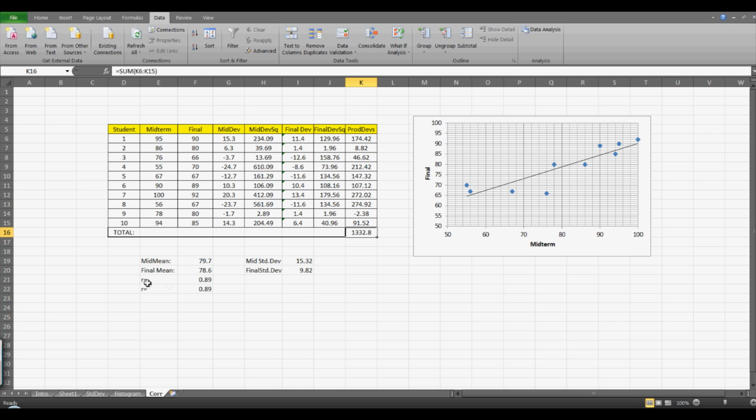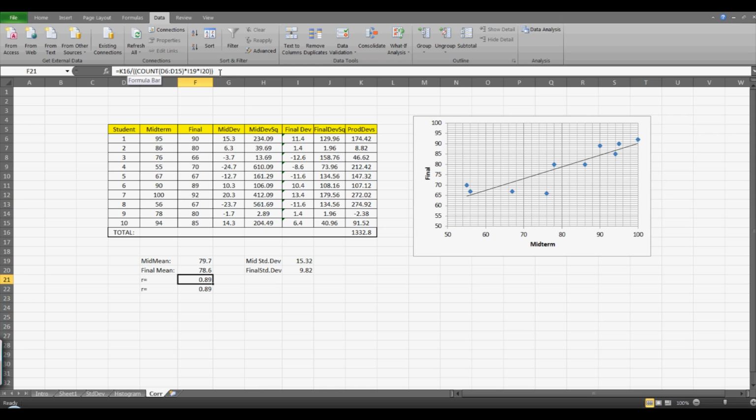Now, in order to calculate the correlation, I took this number here and divided it by the number of observations and the standard deviation of the midterm multiplied by the standard deviation of the final.